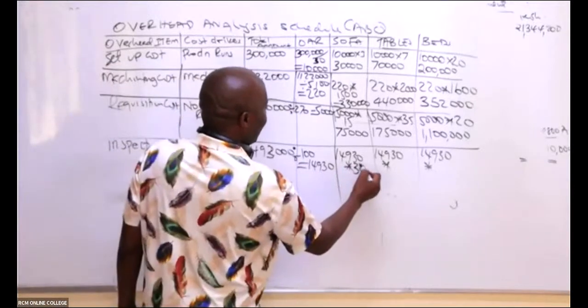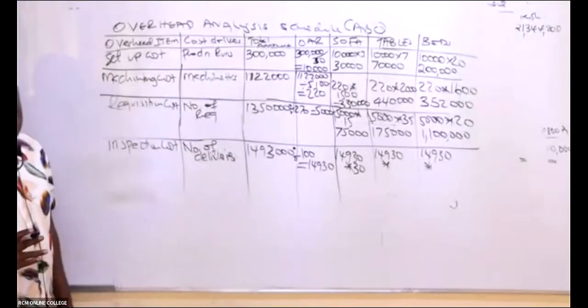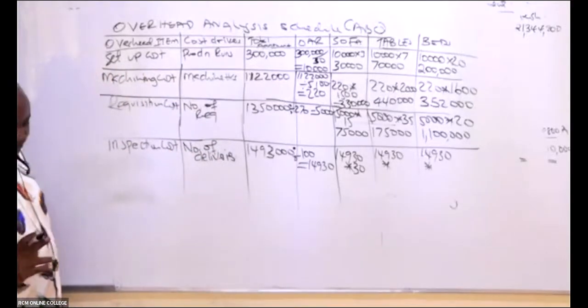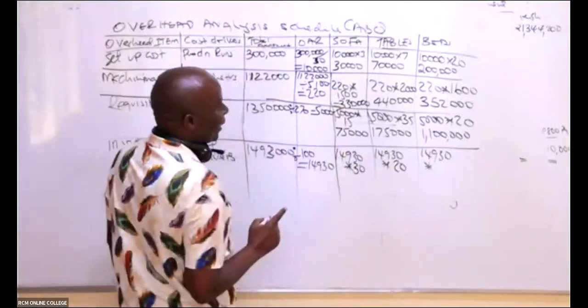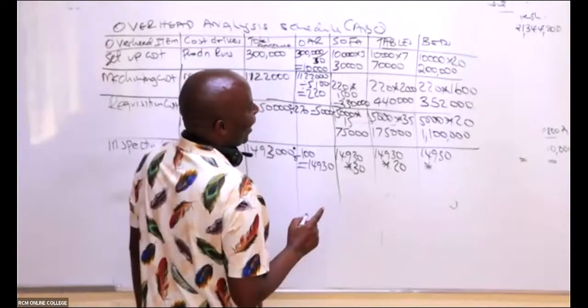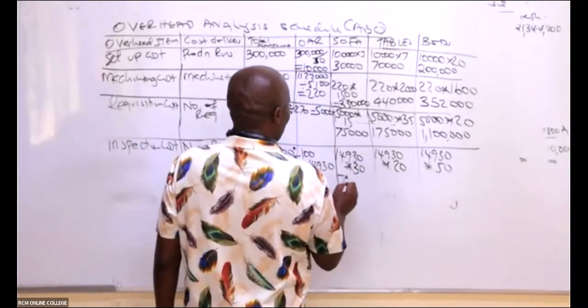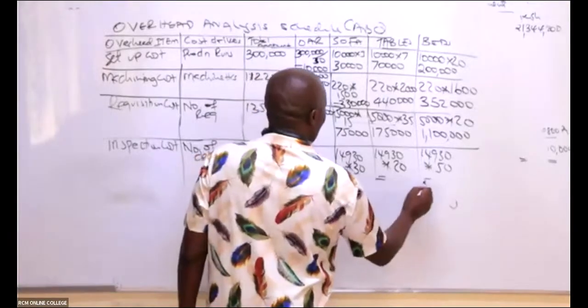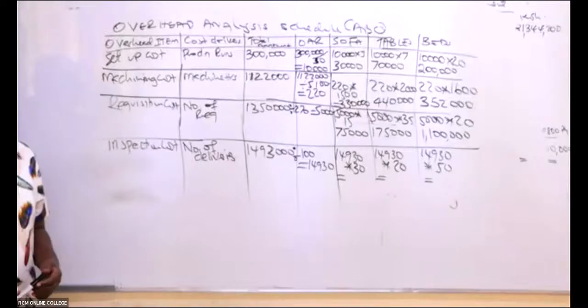So times 30. How about number of deliveries for tables? 20. Number of deliveries for beds? 50. Like that. Please get out of your comfort zone to ensure that you're able to give me these answers.